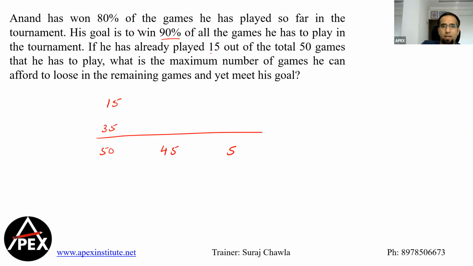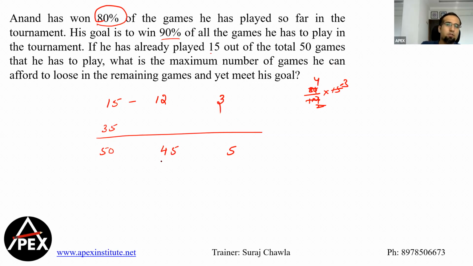In the first 15 games, he won 80% of all those games. So 80% of 15 is going to be how much, guys? 12 games. So 80% of 15, that's going to be 0, 0 gets cancelled. This is 5 3s are 15, 5 2s are 10, 2 1s are 2, 4s. Clear? So 12 games he has won, 3 games he has not won.